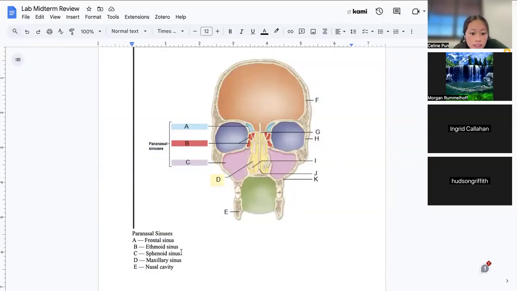Okay, I think C, sorry, I switched it up again. C is maxillary because it's right where your cheeks are. And that means B is your sphenoid.